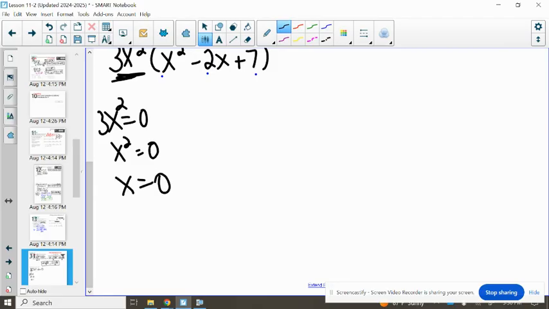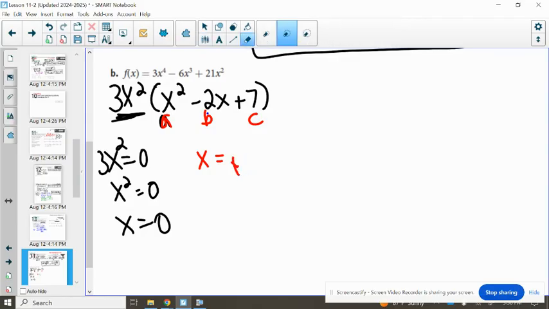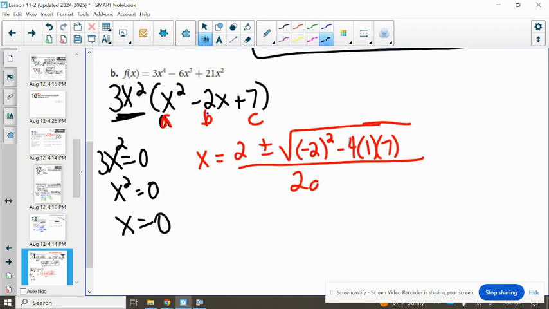Square root, x is still equaling 0. The other piece is going to come from A, B, and C, plugging into the quadratic formula. Because again, x is going to equal this time negative b plus or minus the square root, b squared minus 4 times a times c, all over 2a, which this time is 2.